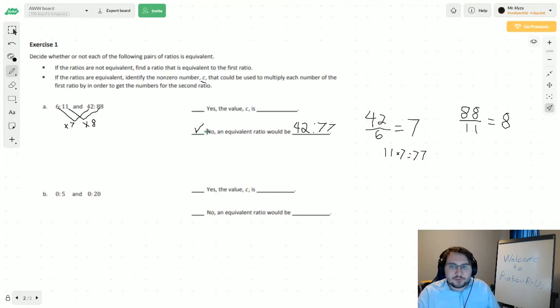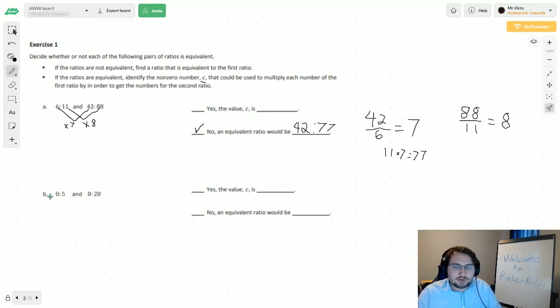So remember, for this, we check like this, and then it asks us to find a ratio that's equivalent. We found this one because 6 times 7 gives us 42, and 11 times 7 gives us 77. So this ratio is equivalent to our first ratio over here.